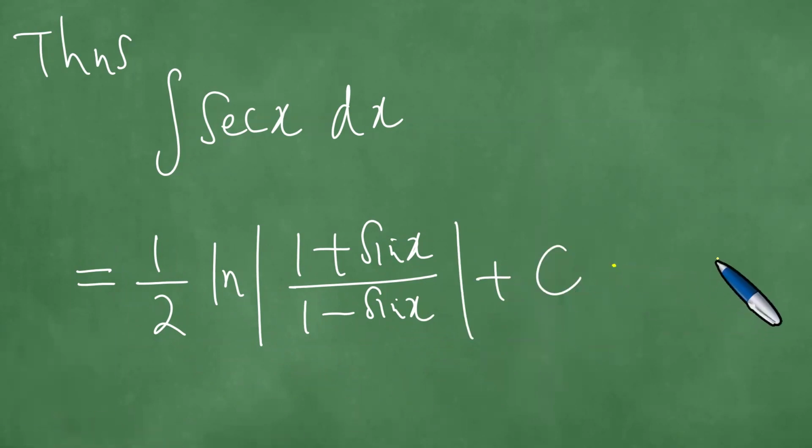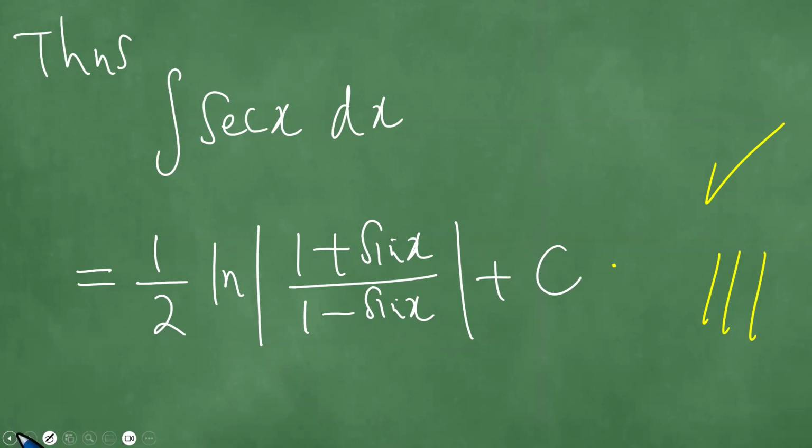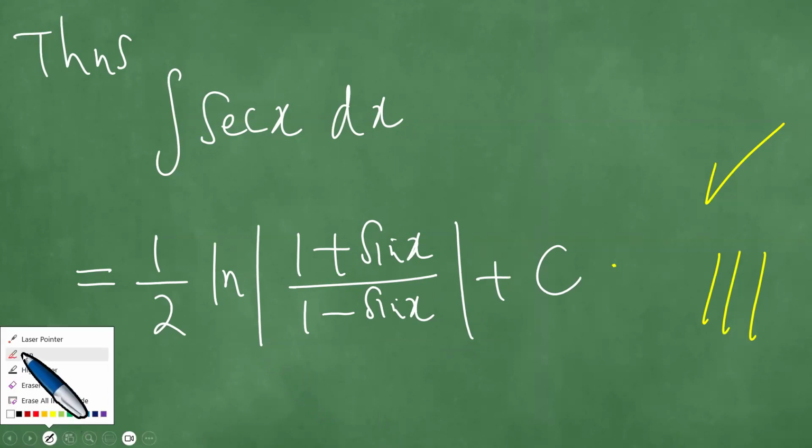So we concluded this result, and we have seen that the integral of the secant of x can be written like this. This allows us to make the following conclusion and to make the following celebration. So we can celebrate and say hence.